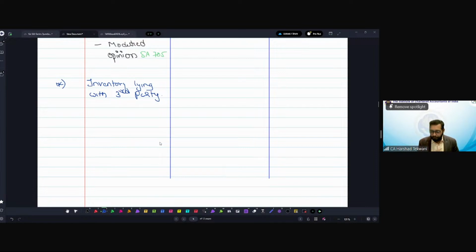Sir, perform physical inspection and other audit procedures, as well as third party confirmation is also required. So inspection is fine. What are the other procedures? Sir, I would also look into the integrity and objectivity of that third party who is holding my inventory. Yes.